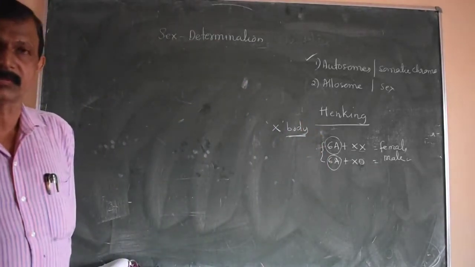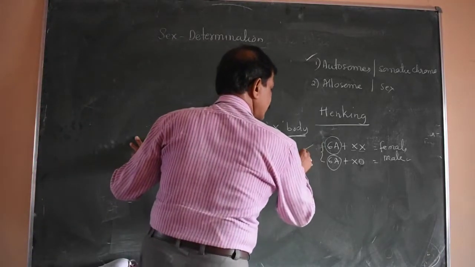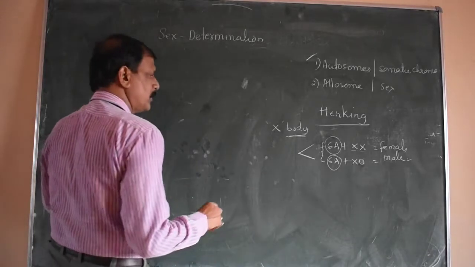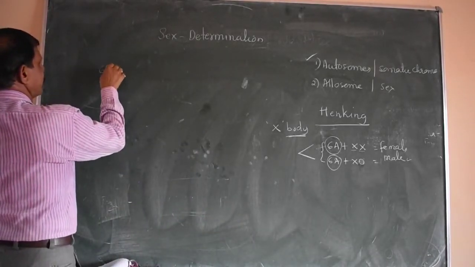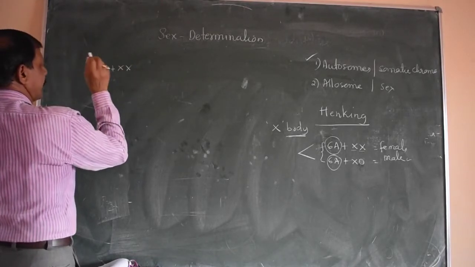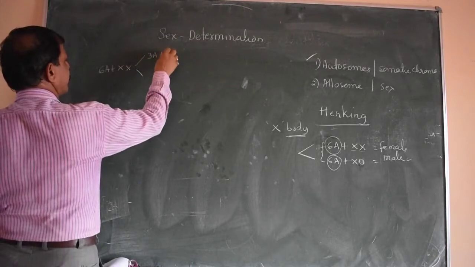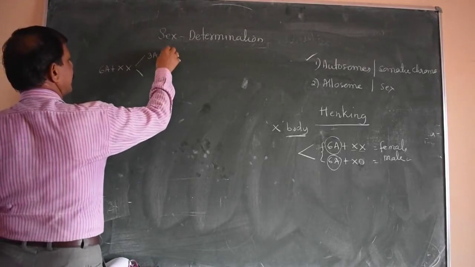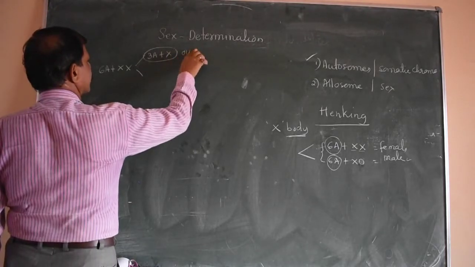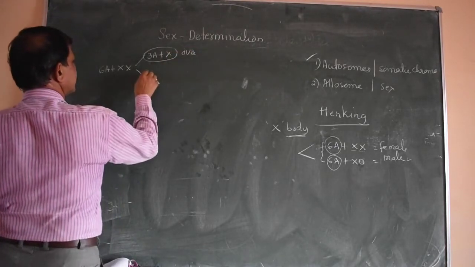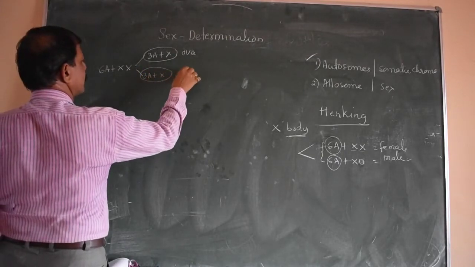During gametogenesis he observed, for example, once again I write, see, this is 6A plus XX, so it produces 3A plus X. This is one type, and this is another, the same type.